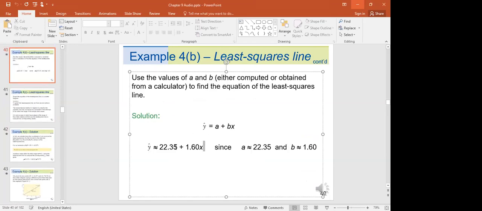This is the regression line equation: y hat equals 22.35 plus 1.60x. If there is a significant correlation between the variables, then given the x values, we can predict a y value.